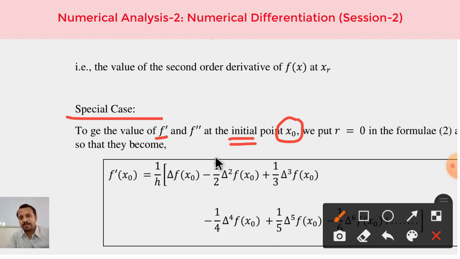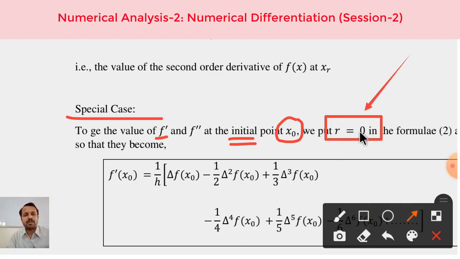We are having the table of values of x, the initial point is x0. At that point, what is the derivative of f? If it is asked, then it is very simple. We can easily derive the formula as a special case from the earlier formula 1 which we have derived just now by putting r equals to 0.